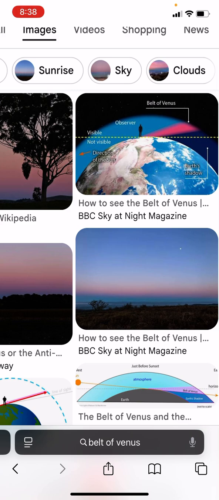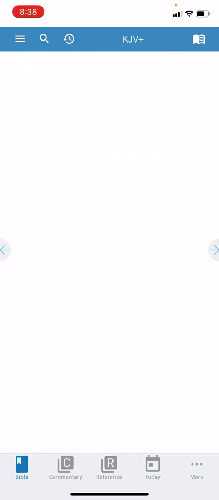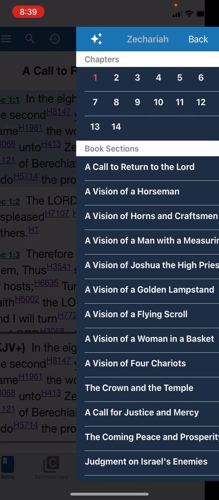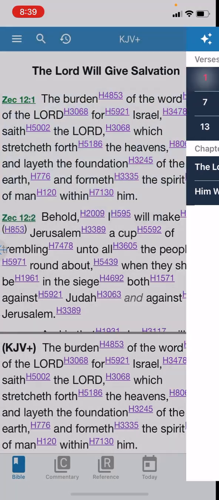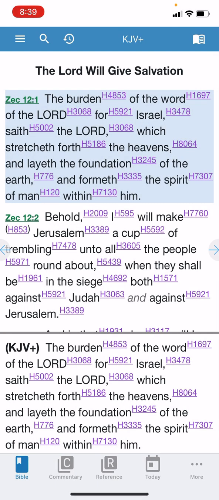Right? And we could see this in context. We could see this in the Tanakh. Zechariah chapter 12, verse 1. Right? It says, the burden of the word of the Lord for Israel, saith the Lord, which stretched forth the heavens and layeth the foundations of the earth, and formeth the spirit of man within him.